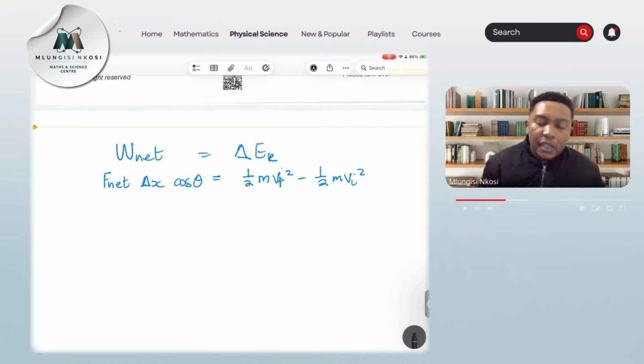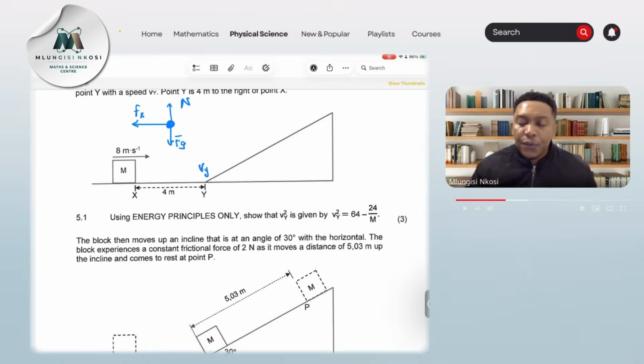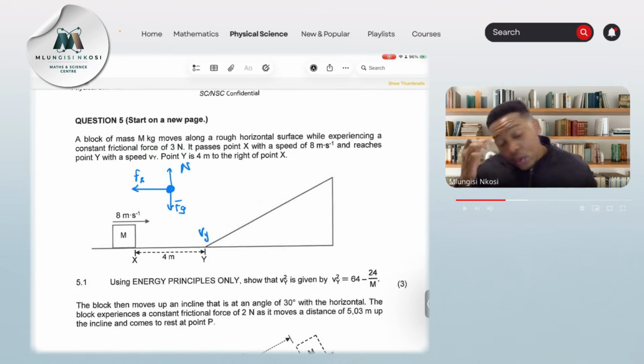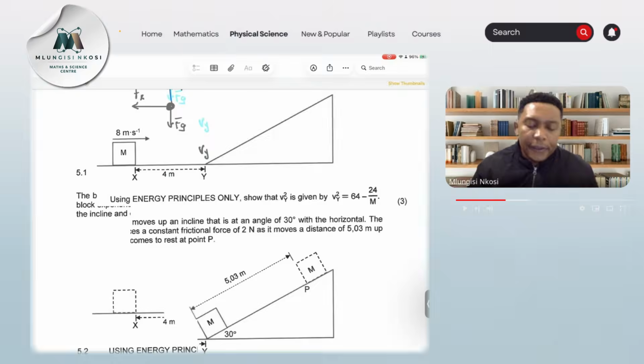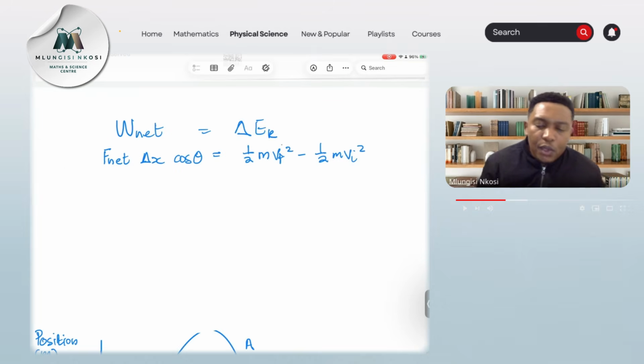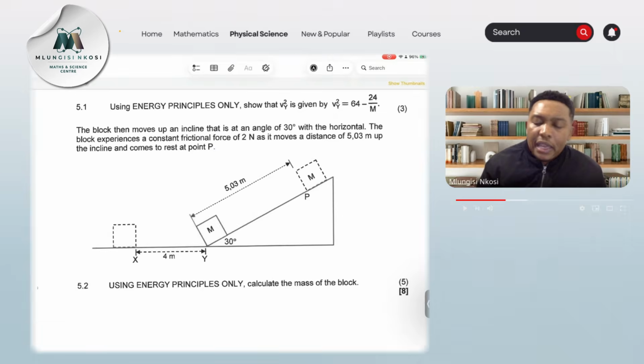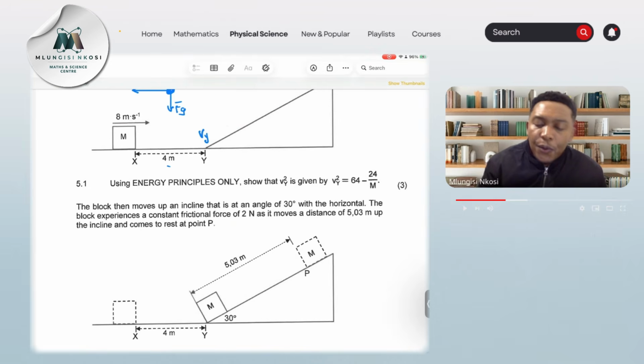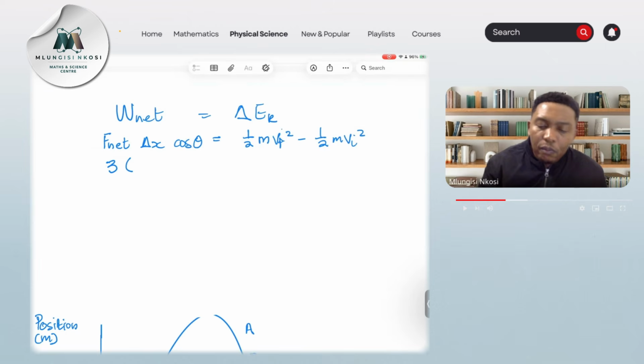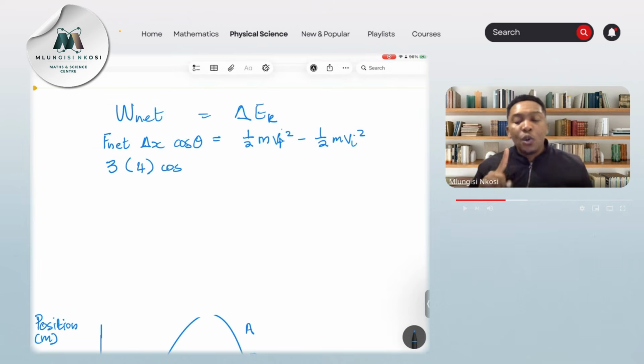This was our frictional force, and please remember in this case we were given that frictional force value to be 3 newtons. So this is going to be 3 times the displacement, which is 4. Now remember, it is opposing the motion, so that's going to be the cos of 180.